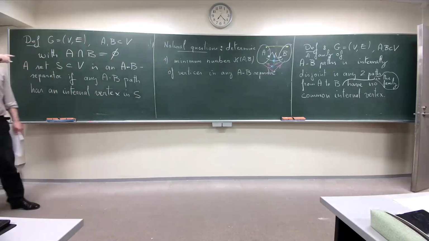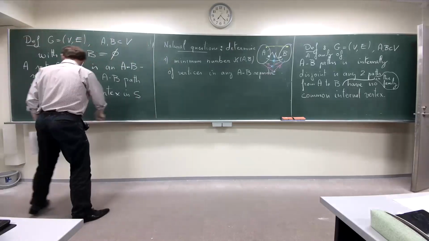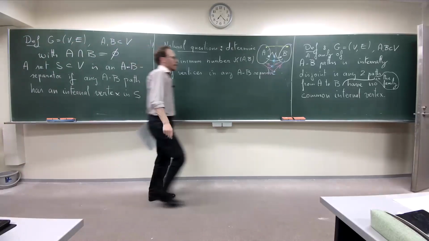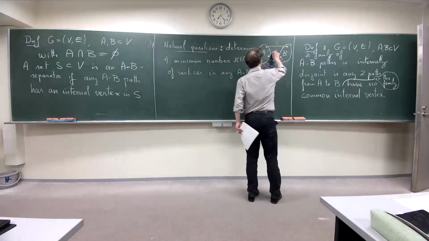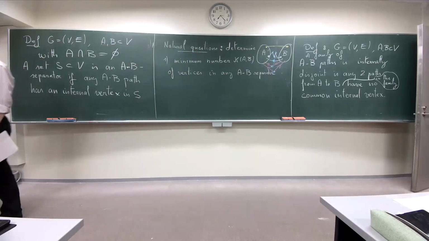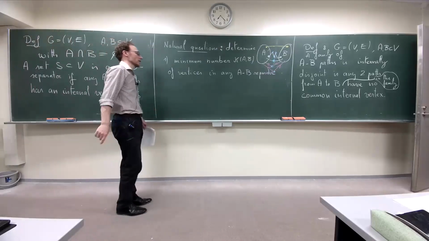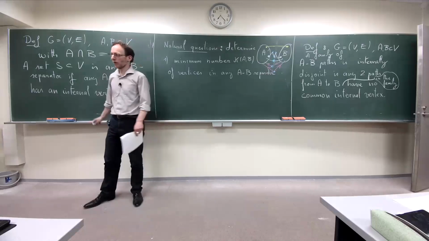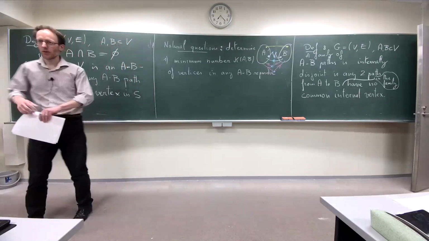As I said, the blue points, I can add a couple. Here, the blue set is still a separator. But I want to minimize the size of the separator. So what is the minimal number of vertices in any AB separator? Okay, this is a natural question.